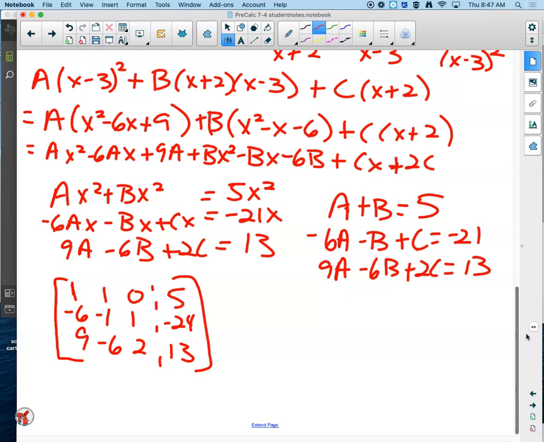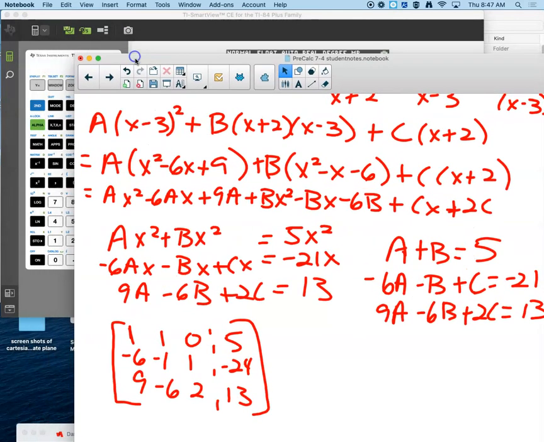I'd do the matrices on this one. Nothing obvious is jumping out at you immediately to say, hey, I'm going to be able to do this algebraically really quick and easily.